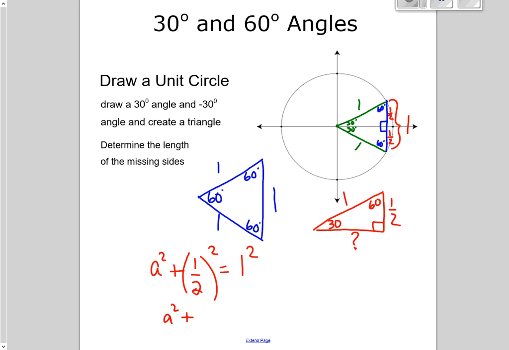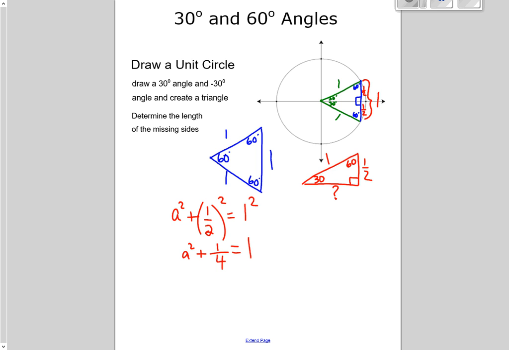plus. Now that squared touches the numerator, so 1 squared, which is 1, and the denominator, 2 times 2, which is 4, equals 1 squared, which is 1. And then I'm going to move that 1/4 to the other side, subtract it. 4 over 4 minus 1 over 4, which is 3 over 4.